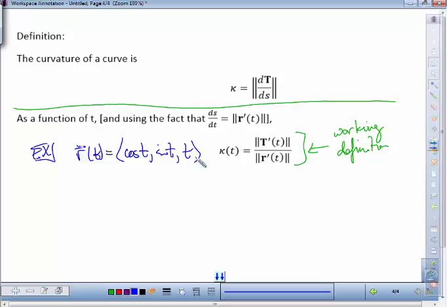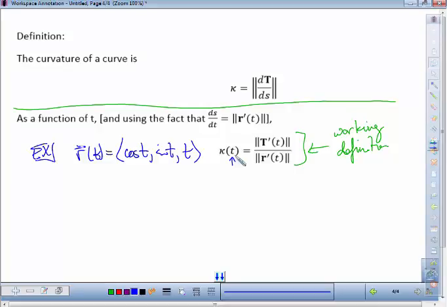Normally we would want to find out the curvature at a particular point. We can find the curvature function in this particular formula, the curvature function of t. But we can also find the curvature at a particular point.